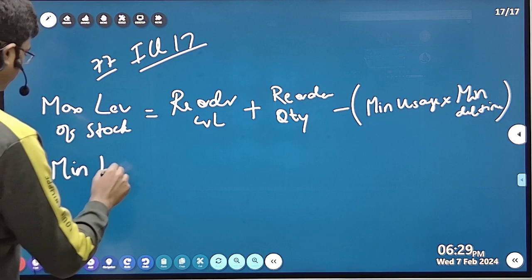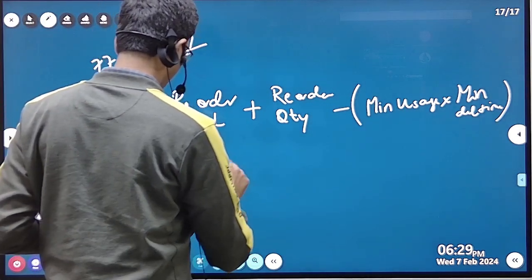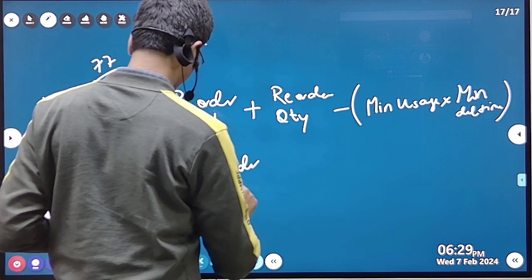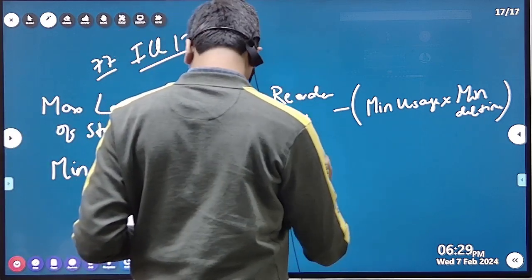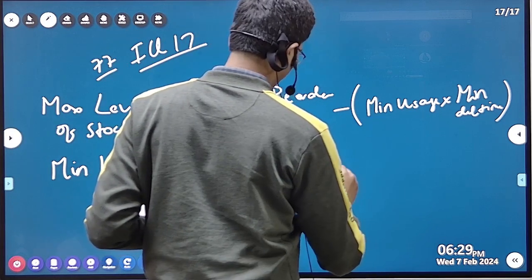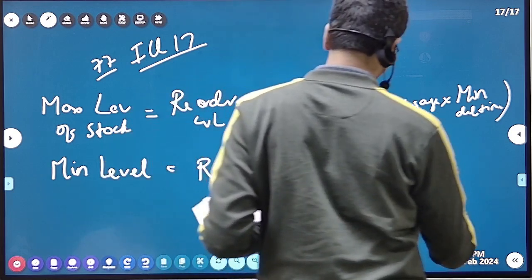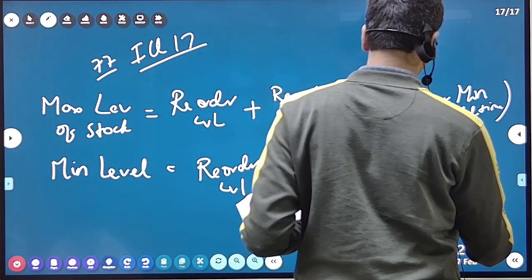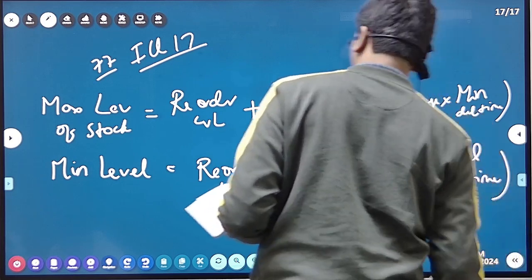And minimum level is reorder level minus normal usage into normal delivery time. Okay.